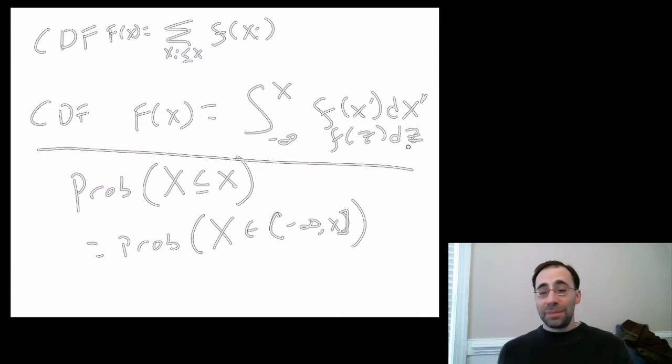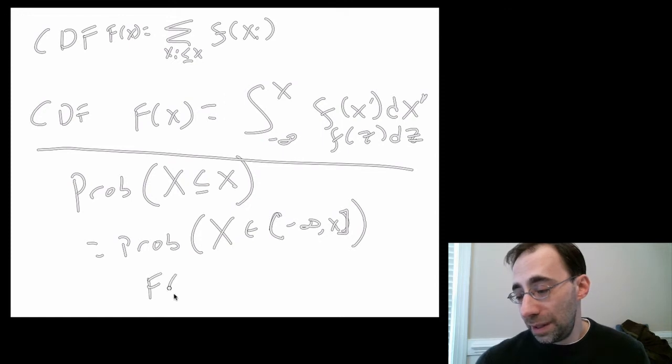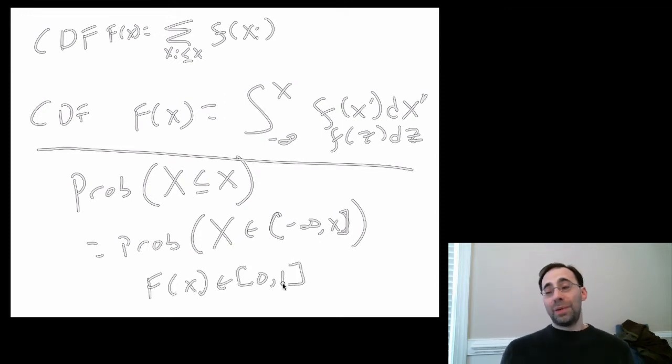So that's the CDF. It means the exact same thing as it did in the discrete case. No difference at all. It's the chance of drawing a value less than or equal to some value of x. And just like before, the CDF, because it is a probability, is between 0 and 1. And if I want the probability of being greater than that value, then it's 1 minus the probability of being less than that value, because you can either be less than the value or greater.